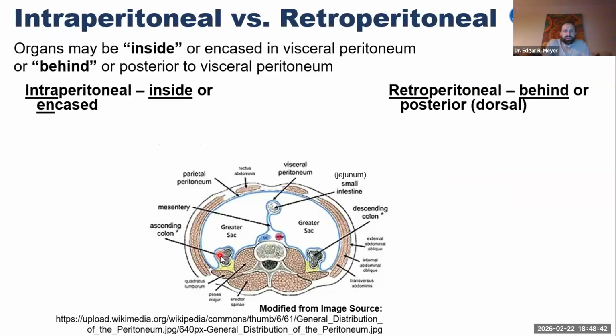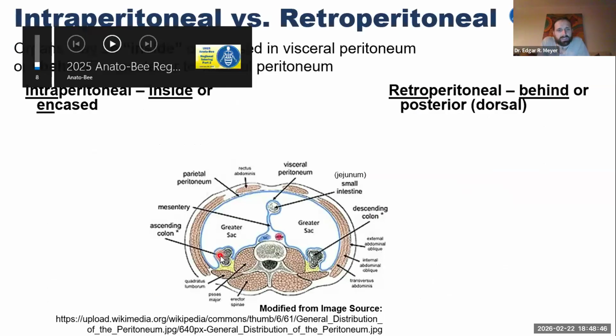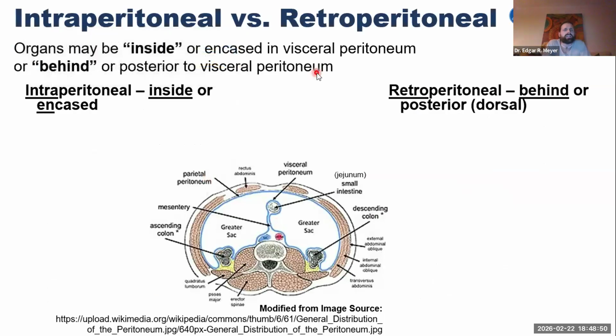All right, so intraperitoneal versus retroperitoneal. All right, so our intraperitoneal organs would be those organs that are, as the name implies, inside of or encased within our visceral peritoneum.